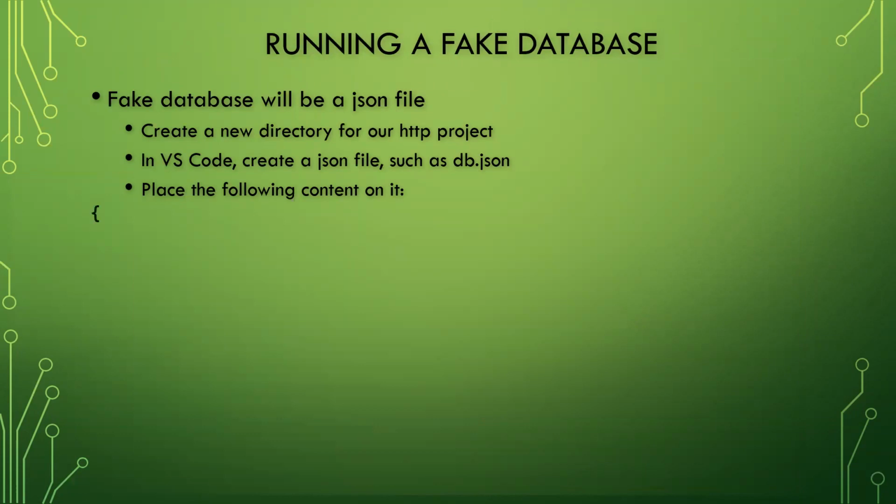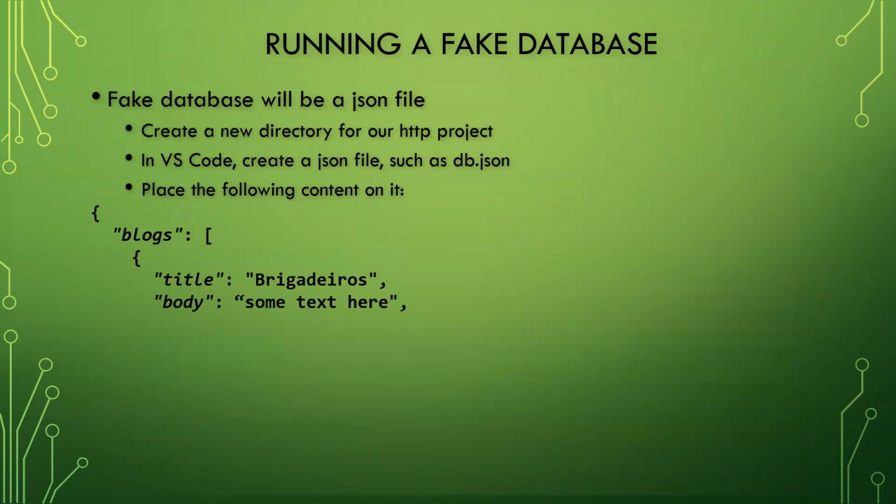Basically, what you need to do is create a text file. It's just a text file, but the format is a JSON format. What I mean by that is you have curly brackets here. So JSON is like an object, a JavaScript object.